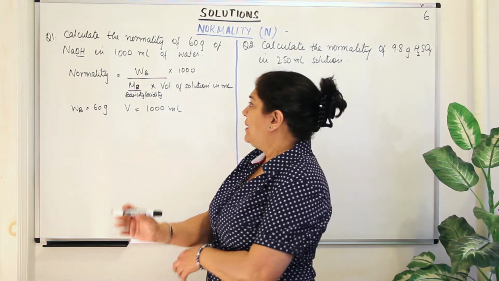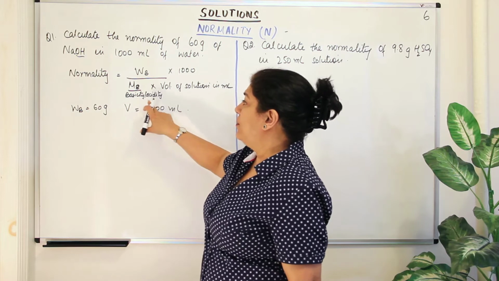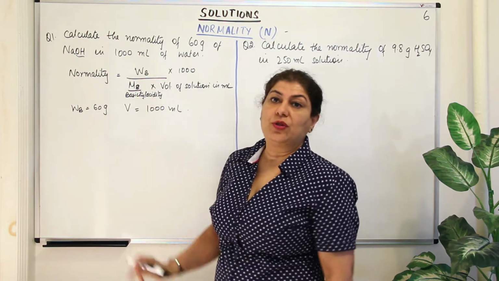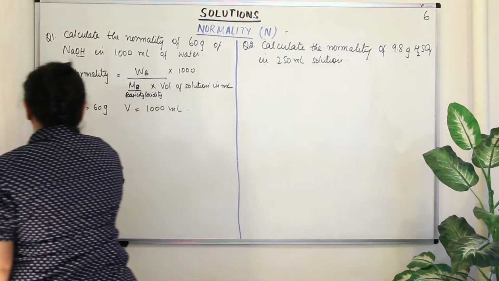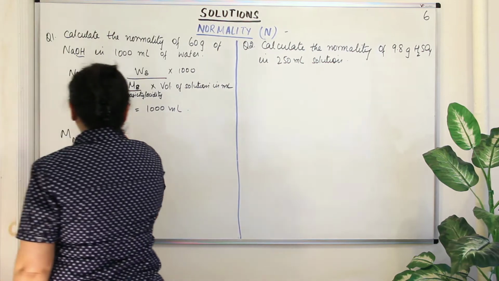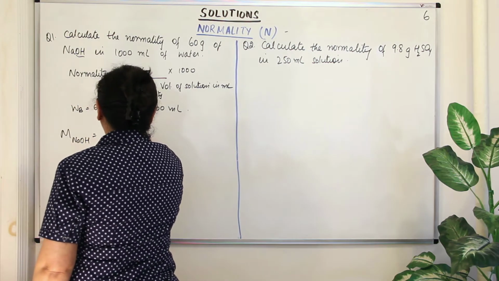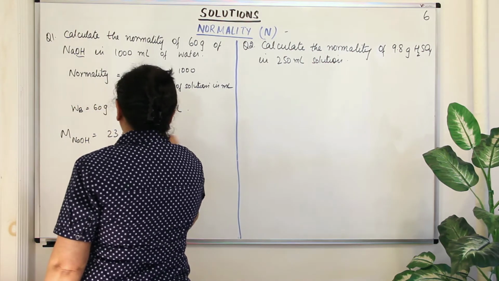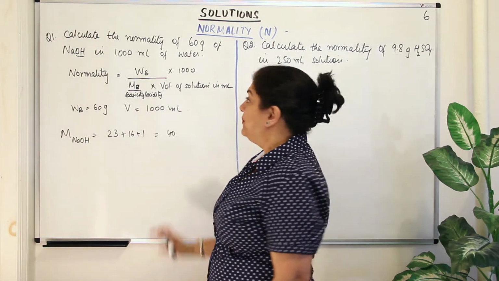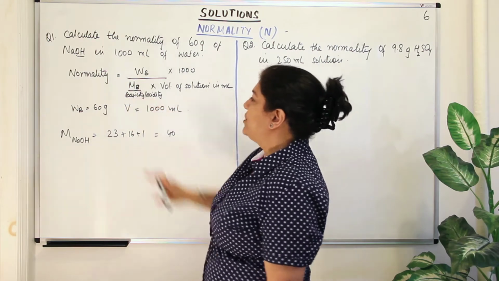Since it is a monoacidic base, therefore the acidity of this is 1, right? So we need to find out the molar mass. The mass of sodium is 23, oxygen is 16, and hydrogen is 1. So the mass of sodium hydroxide, the sum of all these, comes out to be equal to 40. And the acidity of this base is 1.